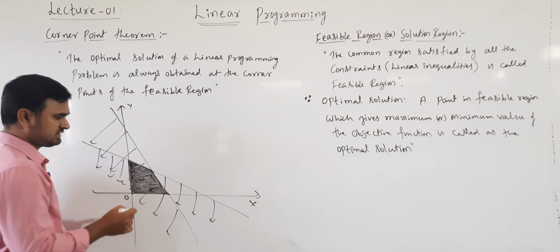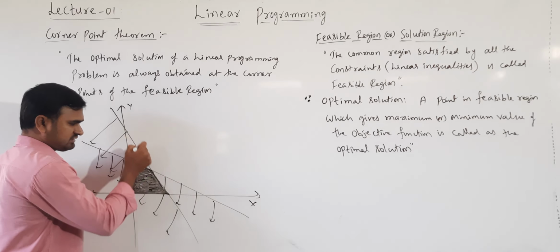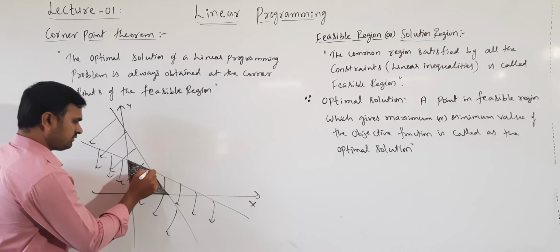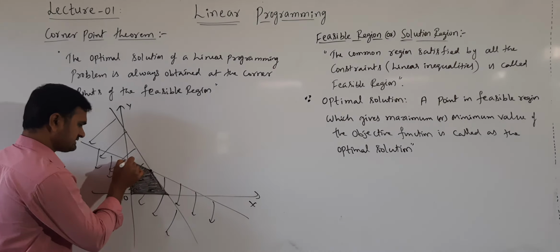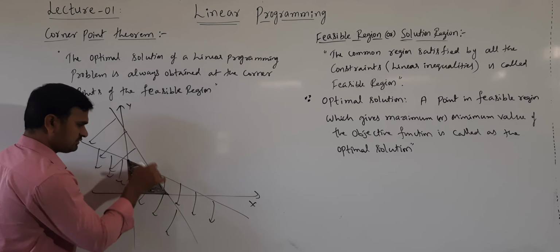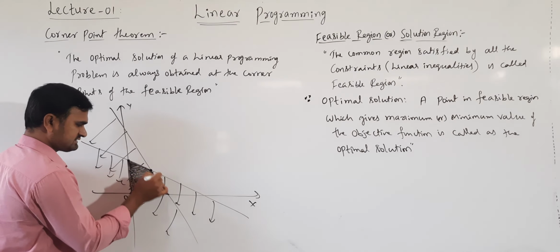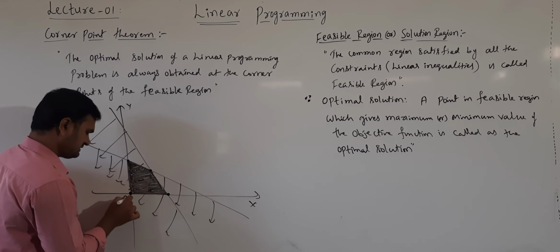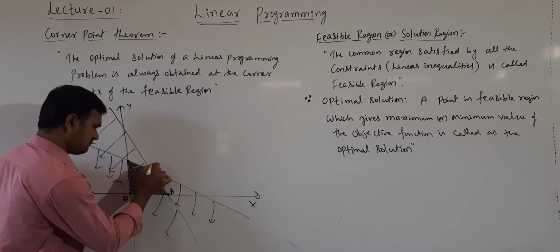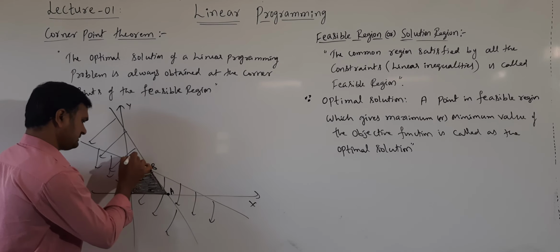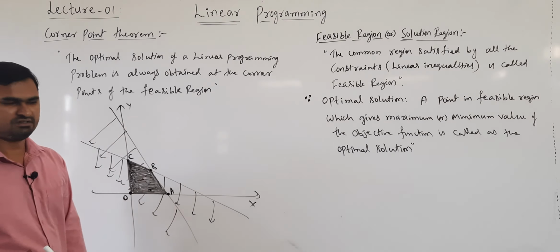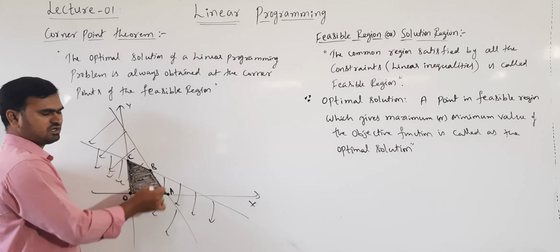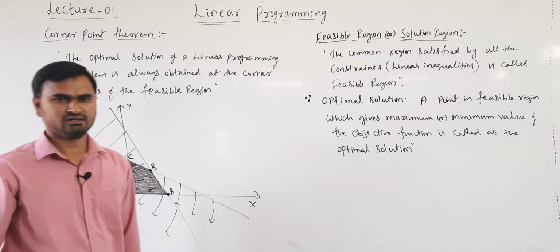Corner points are nothing but the points where the boundary lines intersect. Suppose this is the origin O, this is A, B, and this is C. The intersections of these boundary lines are called the corner points of this feasible region.